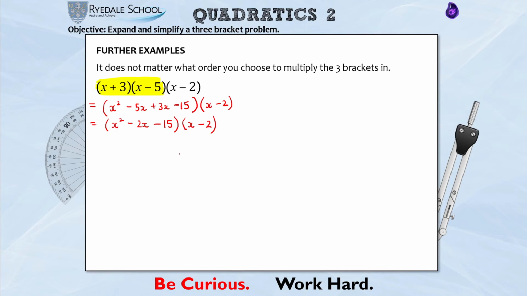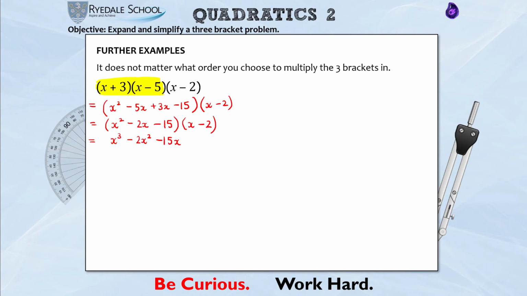Now there's a few more negative signs lurking around this one, so we're just going to have to be a little bit careful. So I'm now going to multiply all these 3 parts by x, and then I'm going to multiply all of these 3 parts by negative 2, and that's where I'm going to be careful. So x squared times x, x cubed, negative 2x times x, negative 2x squared, negative 15 times x, negative 15x.